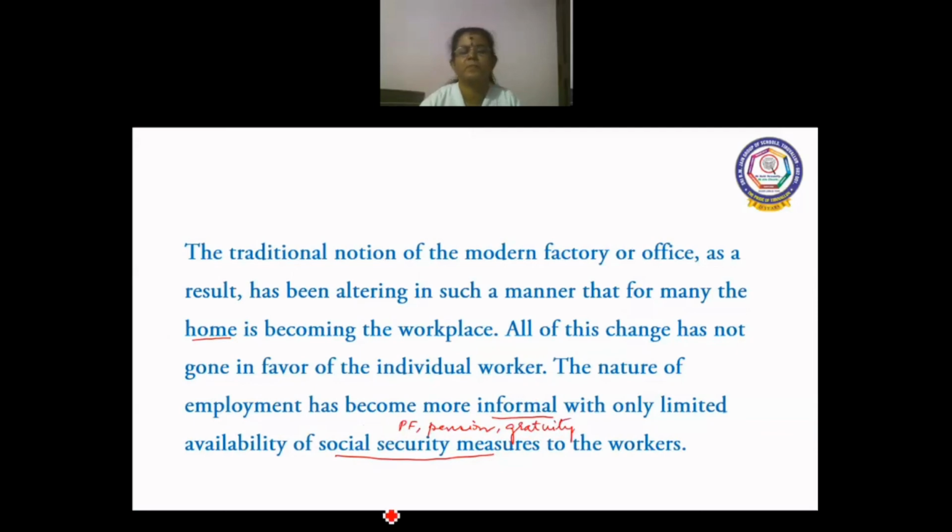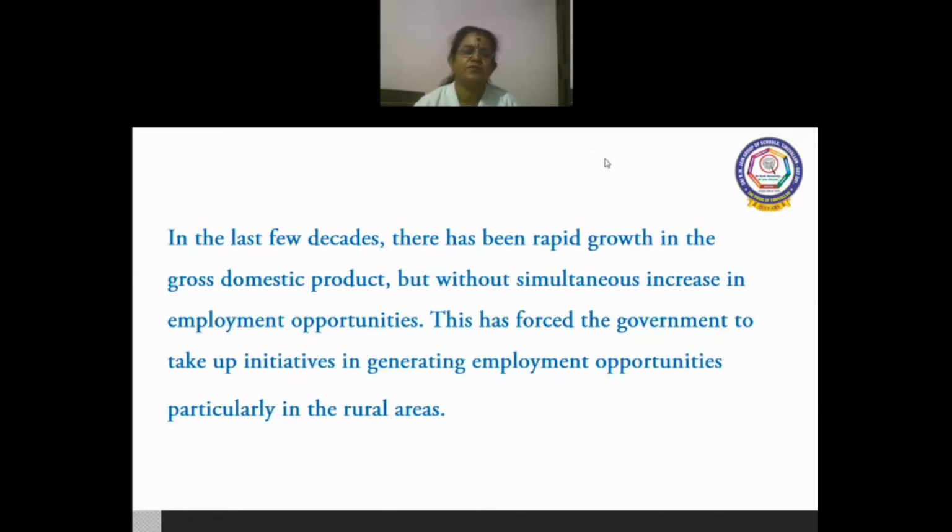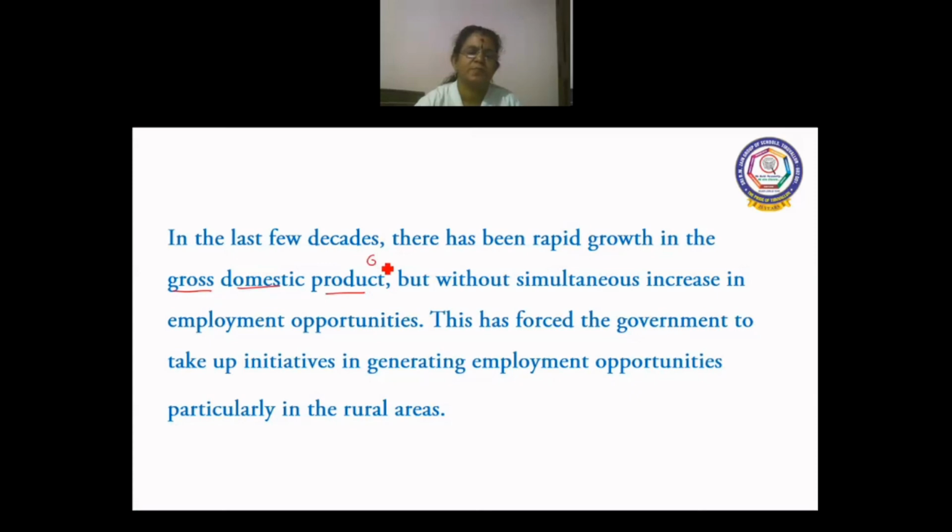In the last few decades, there has been rapid growth in gross domestic product, that is our GDP, but without a simultaneous increase in employment opportunities. So even without increasing employment opportunities, the GDP of the country has increased.